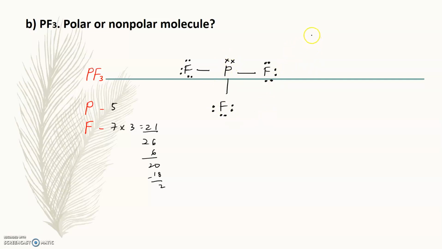Next, to know geometry, you have to know the electron group geometry. Means that how many atoms bonded to a central atom, or how many bonding pairs. So there are 3 bonding pairs here. Okay, and then is there any lone pair on the central atom? Yes, there's one lone pair on the central atom. Okay, so how to determine the polarity?